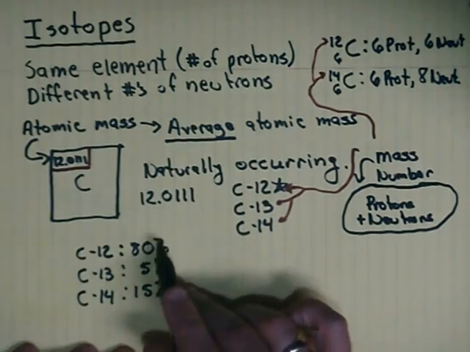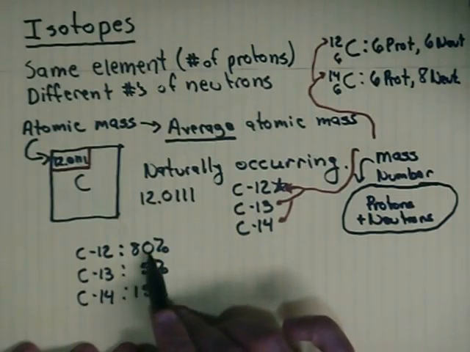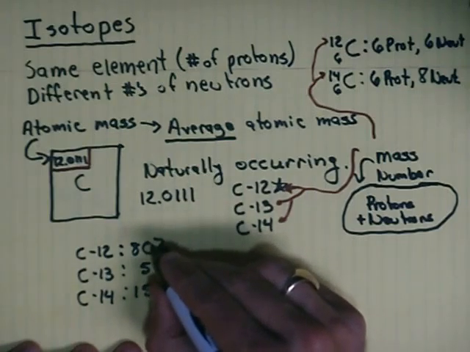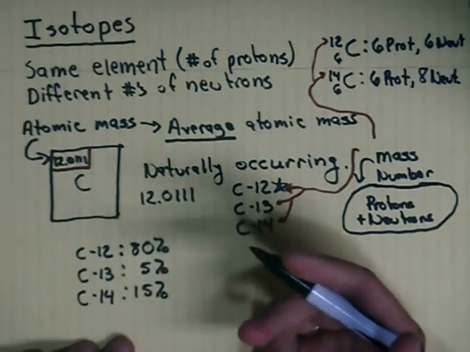So to calculate this overall average, we use the percentages and the mass numbers. The way we do that is we first convert the percentage to a decimal.